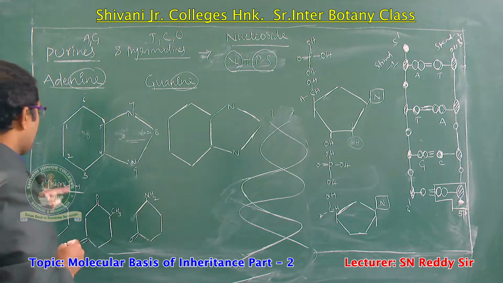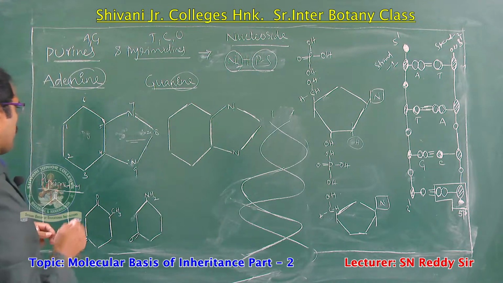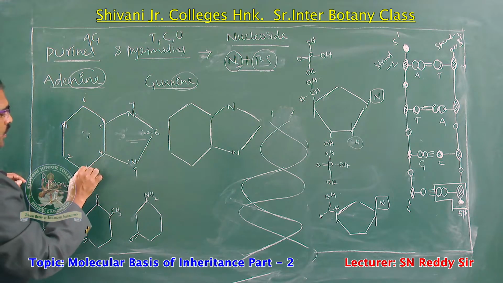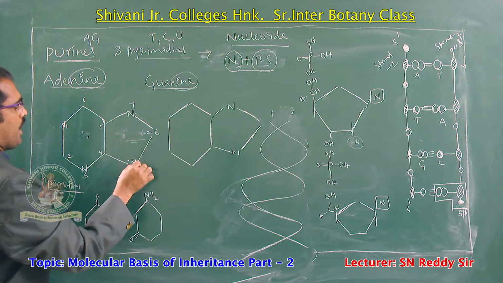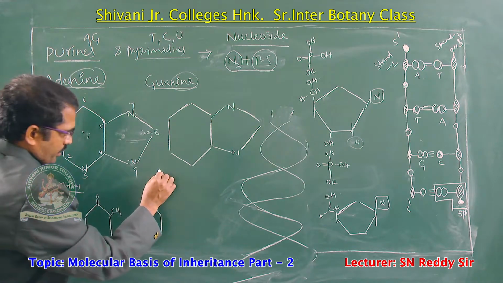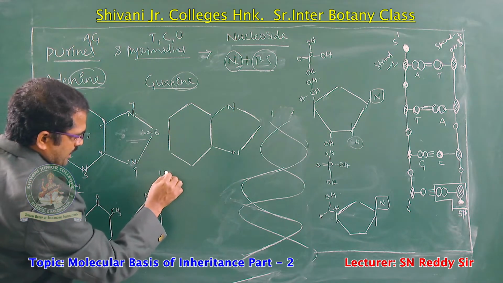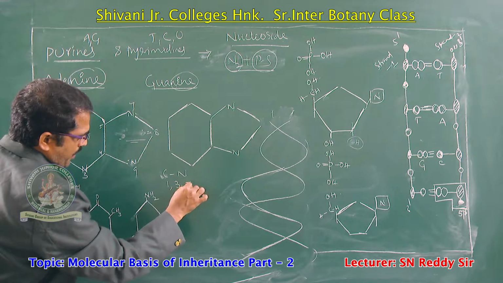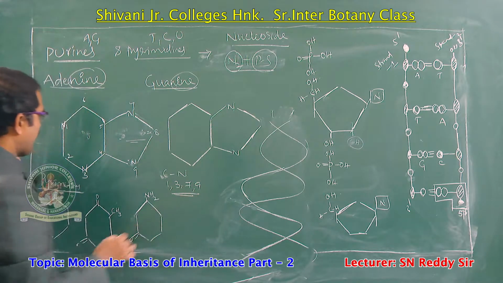Whenever you observe the structure of purine, at the first, third, seventh, and ninth positions there is a nitrogen. Just keep this in your mind. In purine, at the 1, 3, 7, 9 positions we find nitrogen.